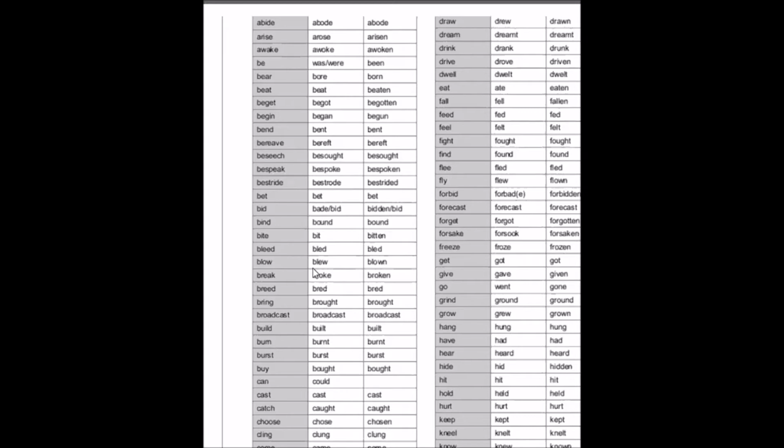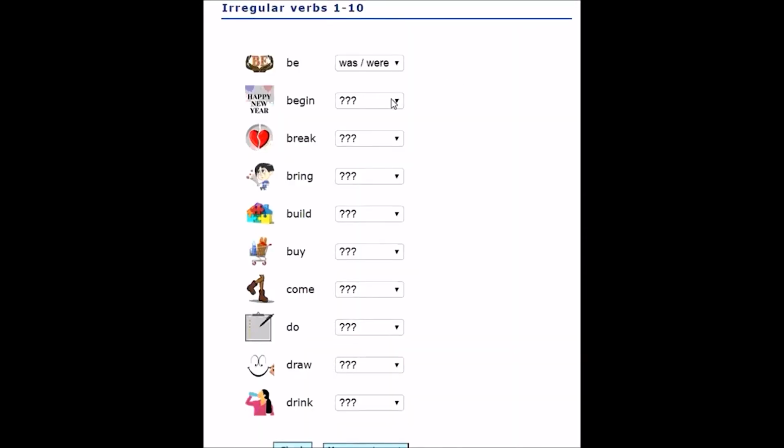The easiest thing is to just memorize the irregular verbs, and everything else other than this list is going to have -ed put to it.